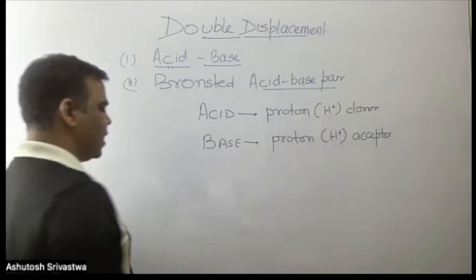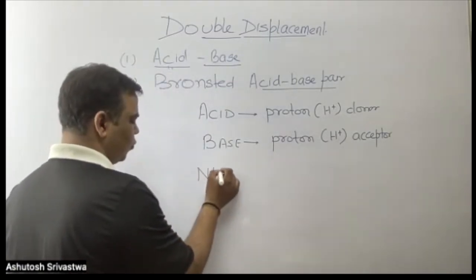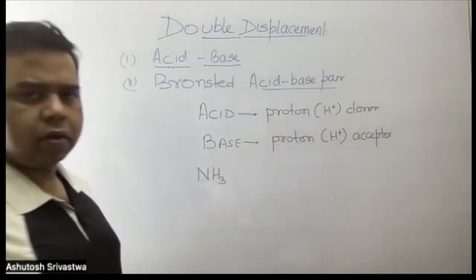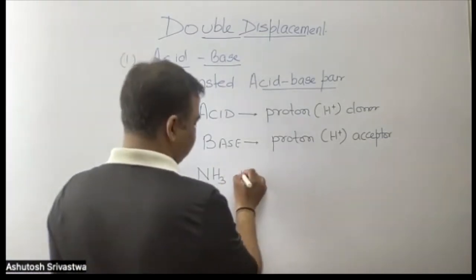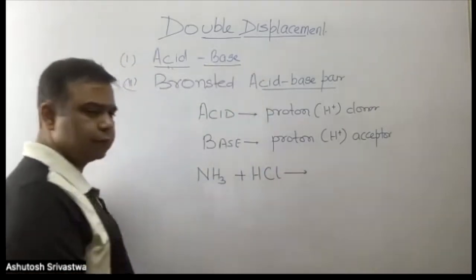Okay, let me give an example. Suppose I have ammonia reacting with HCl, and we know that HCl is an acid, ammonia is a base.